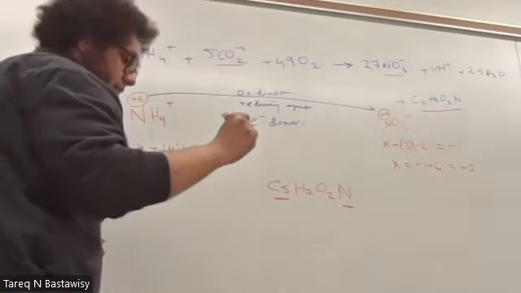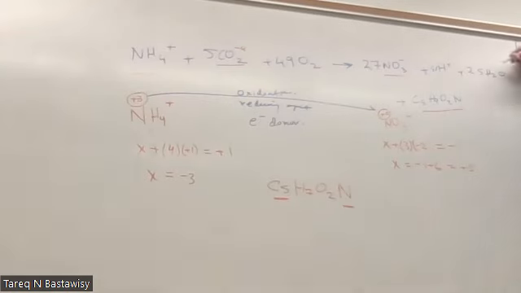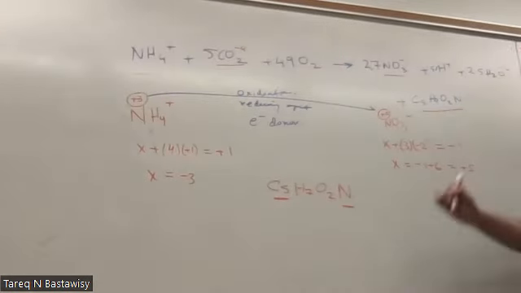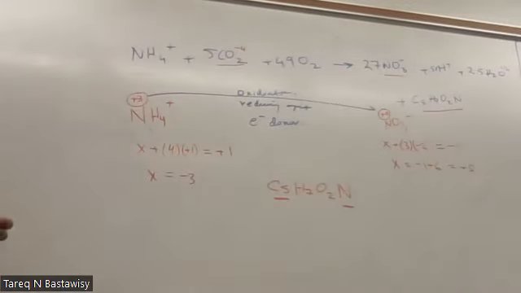And the oxygen there is -2, right? So what's happening to it? It's oxidizing. It's becoming less negative, more positive, which means it's an electron donor as well, which means it's acting as a substrate.